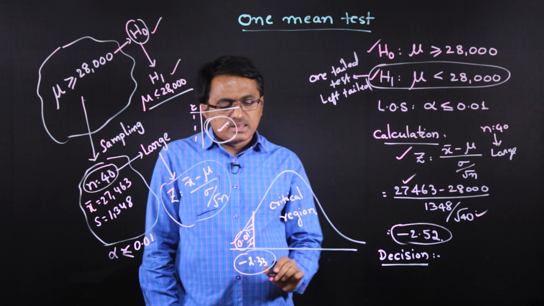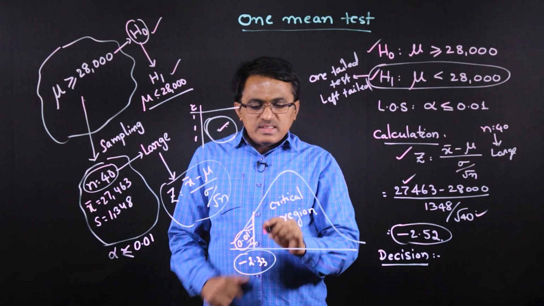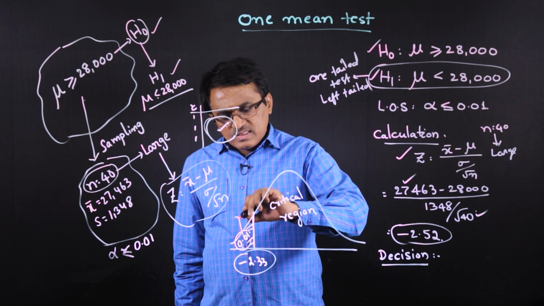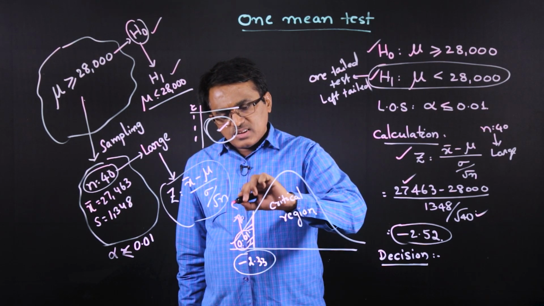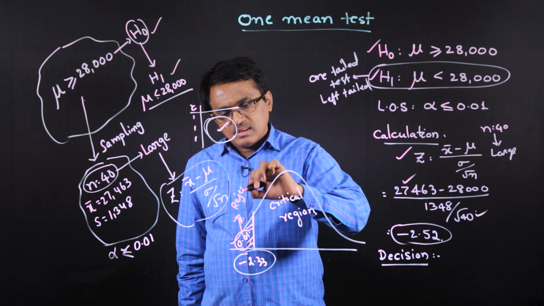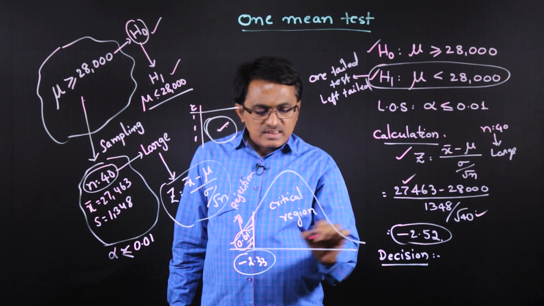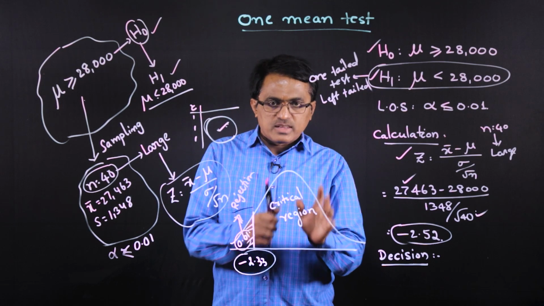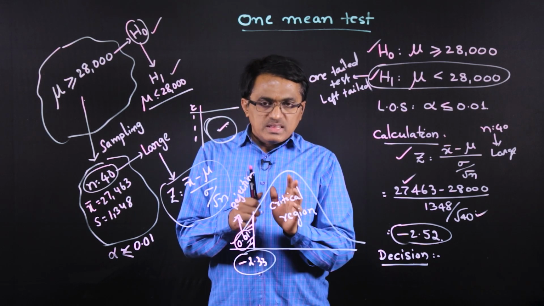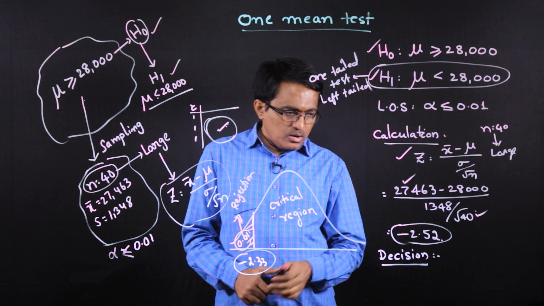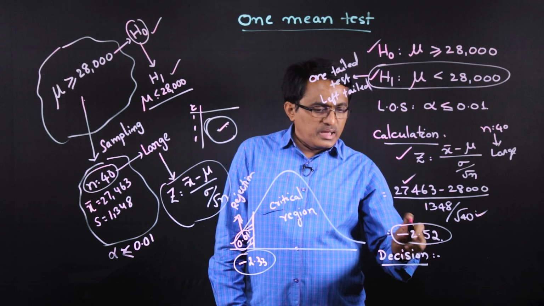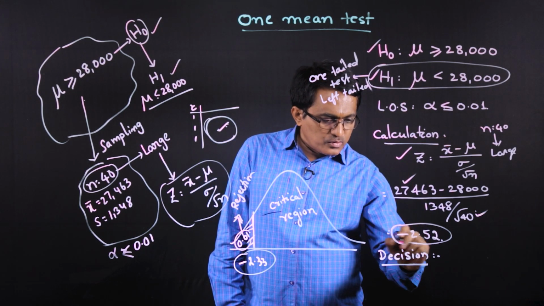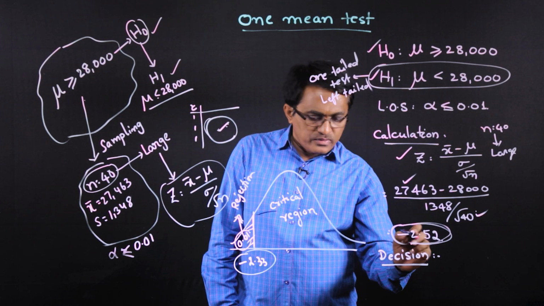minus 2.33. So from this, what we say is, this region we call the region of rejection, and this region, the critical region, is the region of acceptance, right. So this is theoretically what we had. Now we see the given problem where the Z we calculated is minus 2.52.